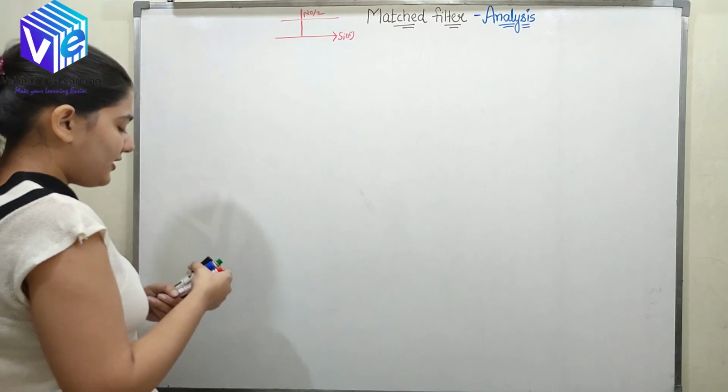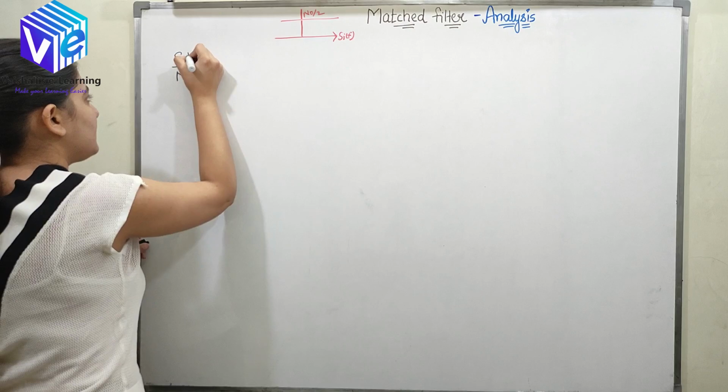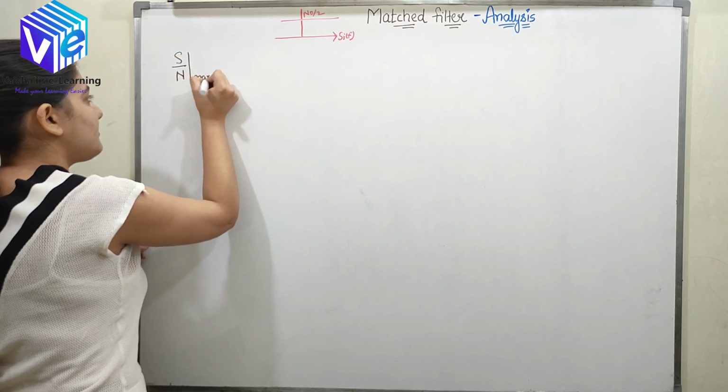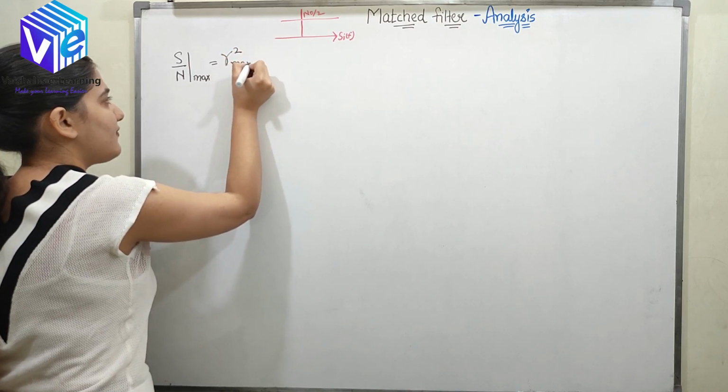Now I already derived the SNR value. I talked about the signal to noise ratio, the maximum value, which I represented by gamma square max.